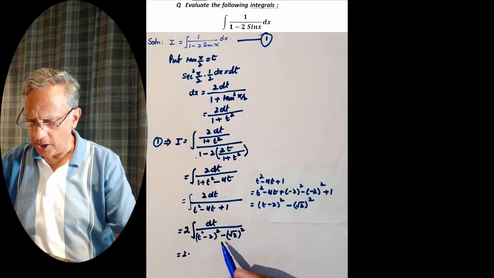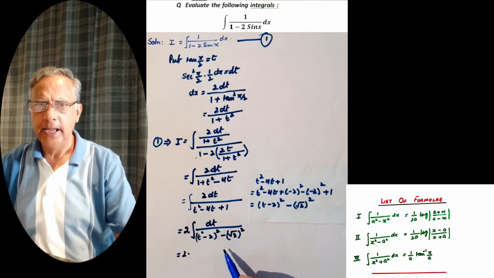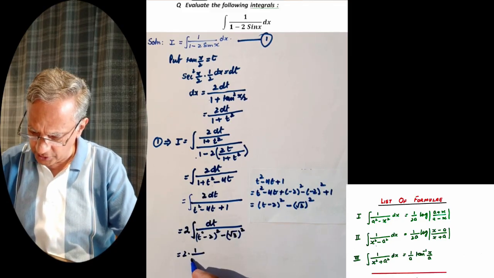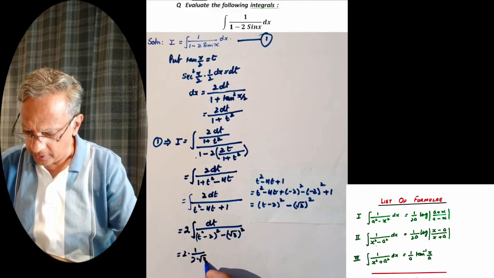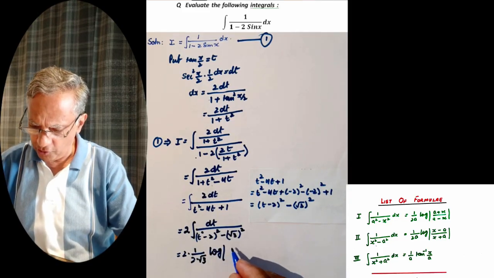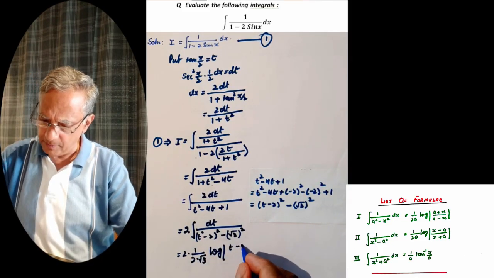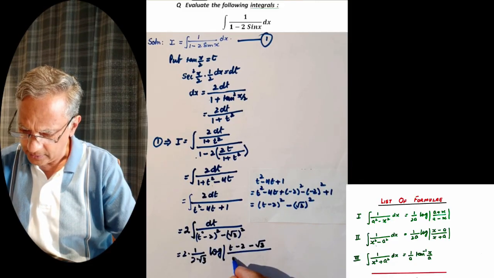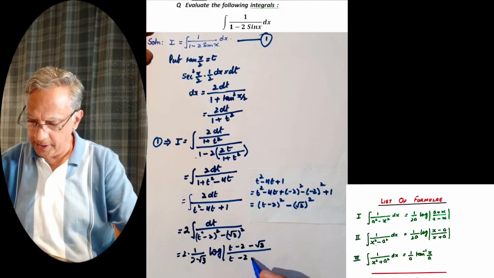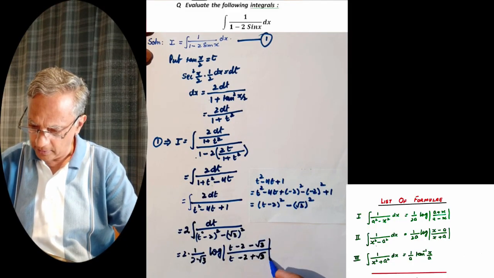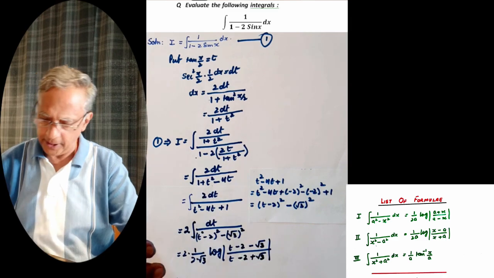So integration will be 1 by 2a log of x minus a over x plus a. So integration of this will be 1 by 2 under root 3 log of x minus a, that is t minus 2 minus root 3, over t minus 2 plus a, that is root 3.